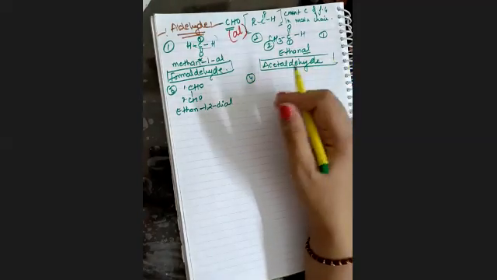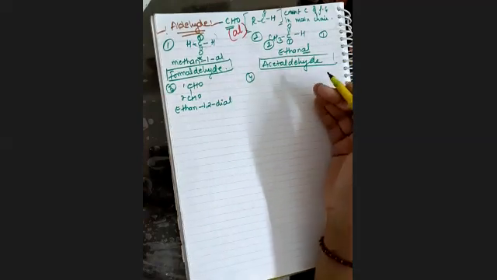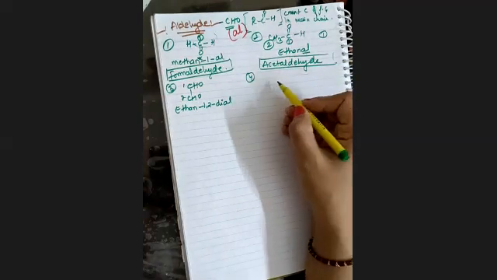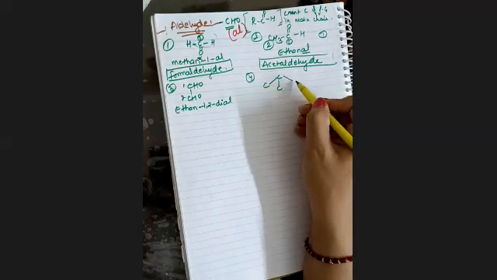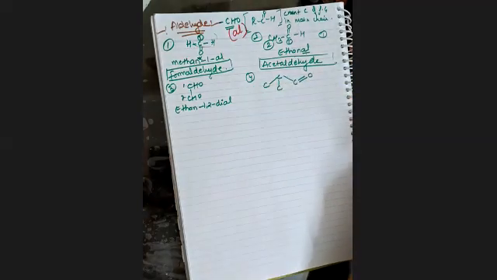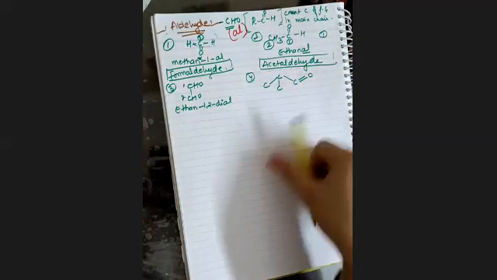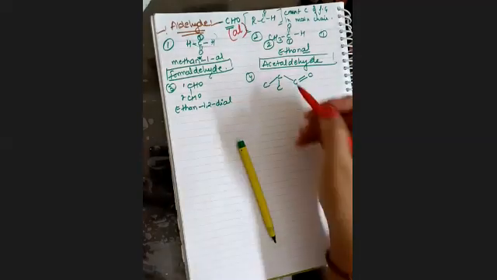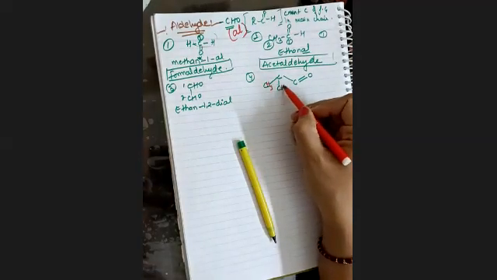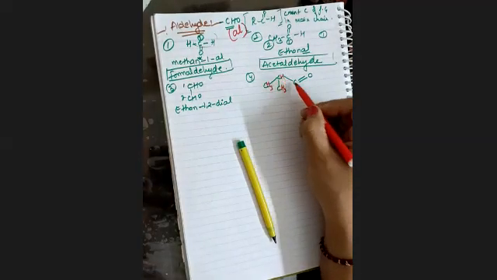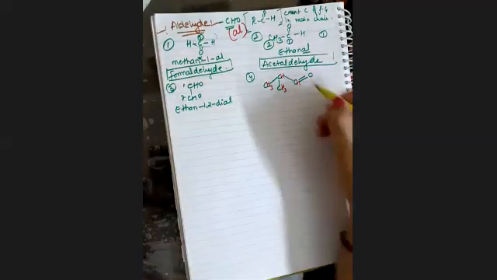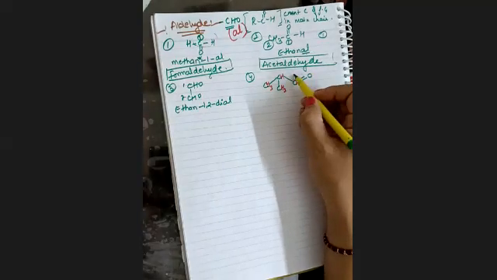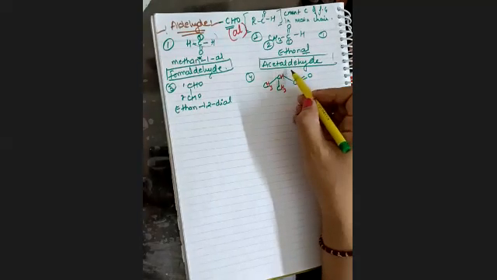Let me now increase the number of carbons in the chain. Let me make it more complicated. C double bond O. How will you name it? If they ask you the number of hydrogens here: CH3, 1, 2, 3, CH, 1, 2, 3, CH. So this is CHO, the aldehyde group. So we will consider the carbon of the functional group as 1, 2.